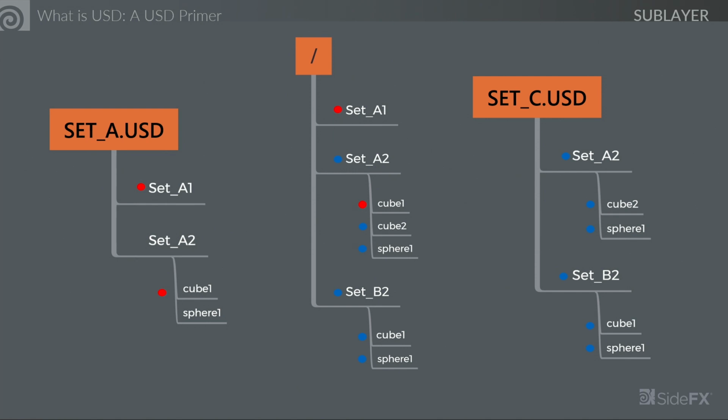So here we have set A USD. And we've replaced set B USD from the previous example with set C USD. We're going to layer set C over set A. And if we look at what we get in the middle, we can see some interesting results. You'll notice that set A's sphere 1 comes from set C.USD.